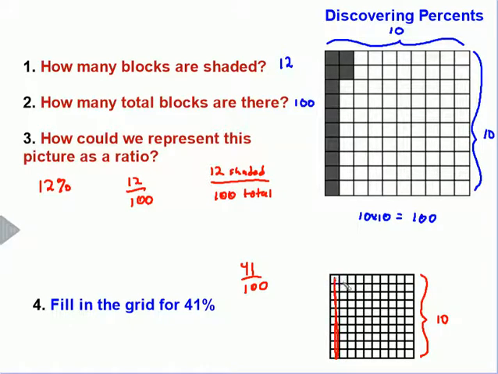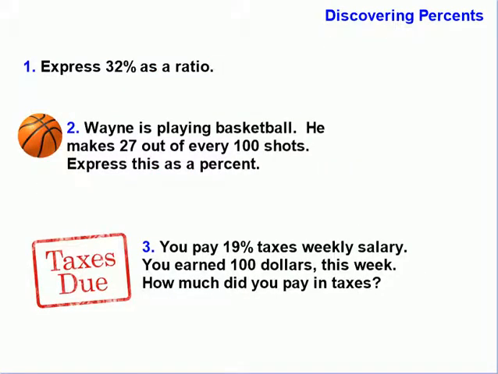We'll put a line through there. There's 10 more, that's 20. 10 more, that's 30. 10 more, that's 40. And then one little box at the top, and that gives us 41%. 41 per 100.